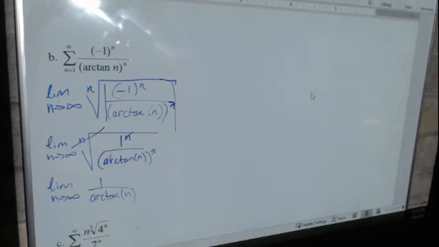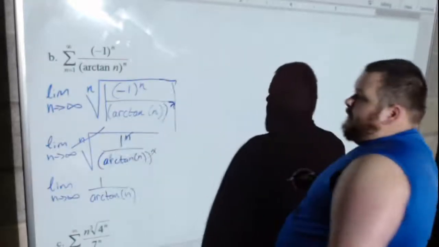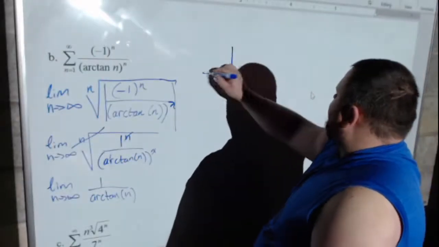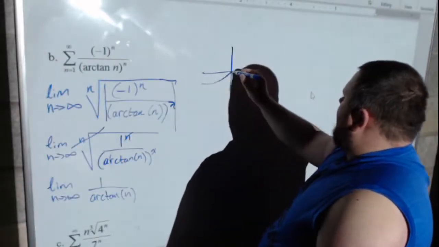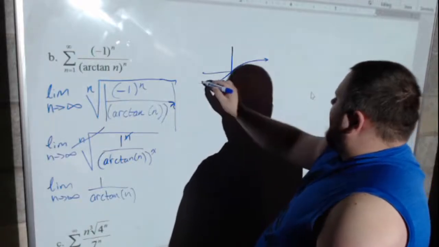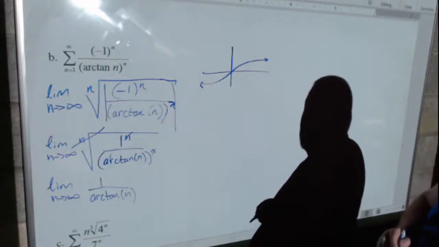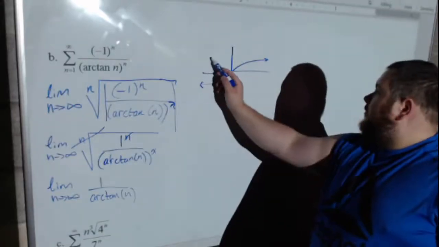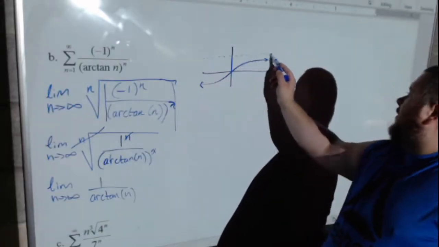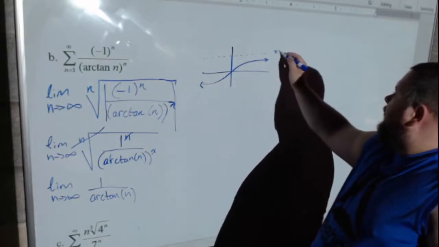Again, you may not recall what arctan does out at infinity. So if you remember this graph of arctan, remember that it's got an asymptote up here, and it is pi over 2.